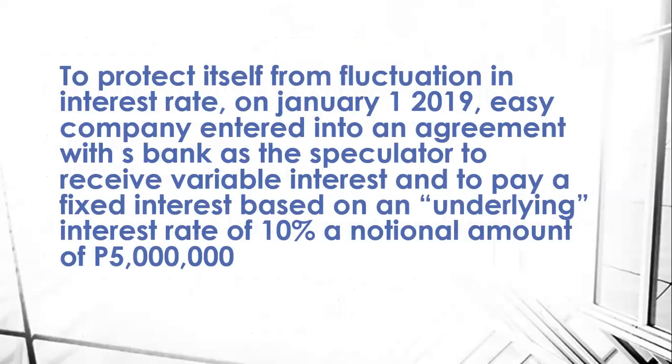So to protect itself from fluctuation in interest rate, on January 1, 2019, EC Company entered into an agreement with Second Bank as the counterparty to receive variable interest and to pay a fixed interest based on an underlying interest rate of 10% and notional amount of 5 million.